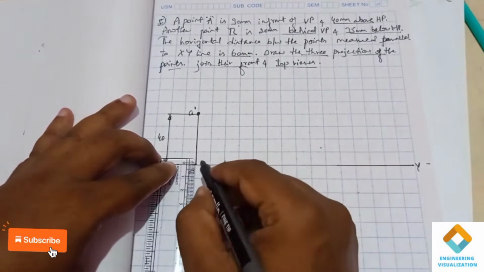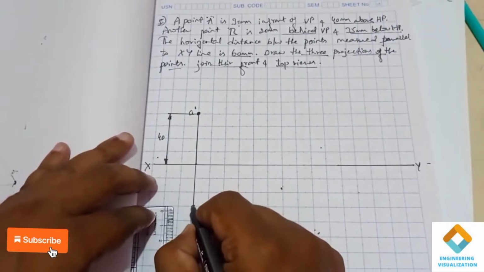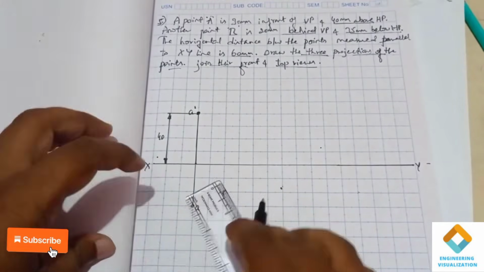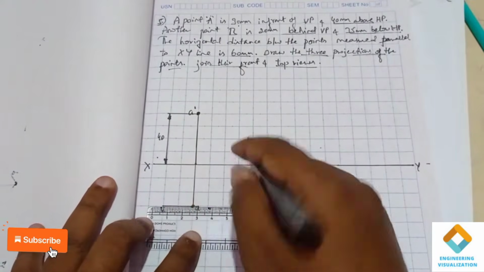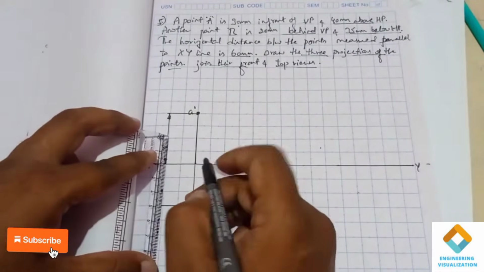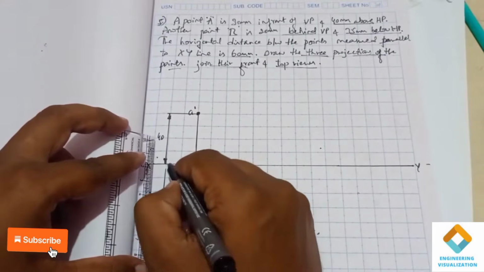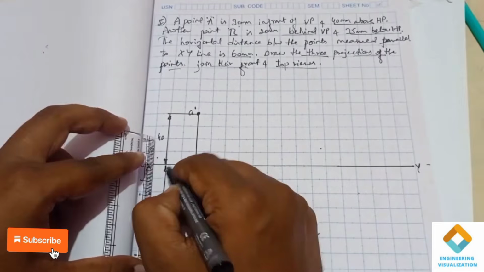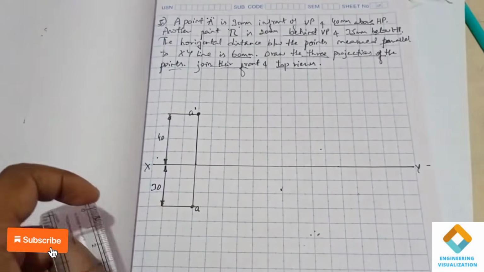So 30 means 3 boxes. Put a point. This is your A. Okay, this is 30. So top and front view of the point A is done.